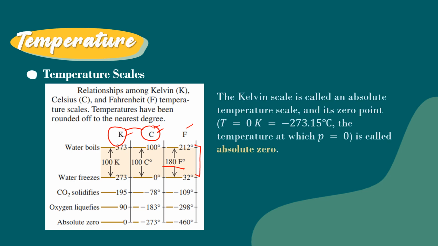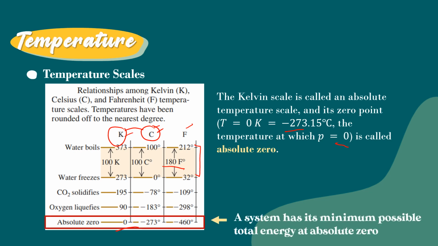Now, aside from that, we can see in this figure that 0 Kelvin at the bottom represents the absolute temperature scale. It is at this point where the temperature is 0 Kelvin and the equivalent value in degrees Celsius is negative 273.15 degrees Celsius. At this particular temperature, the pressure is said to be 0, and so it is called the absolute zero.